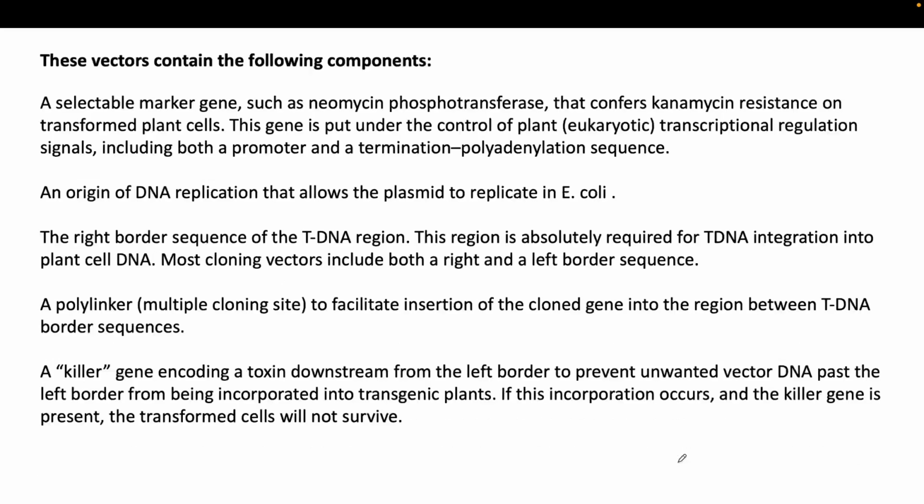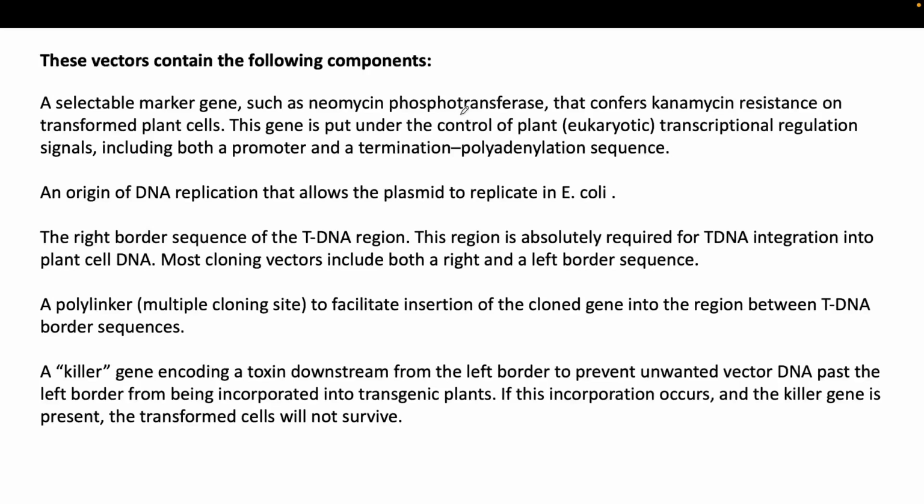Okay, so when this vector system contains the following components, only then can it be used as a cloning vector system. The first thing that is required is the selectable marker gene, such as the neomycin phosphotransferase gene.